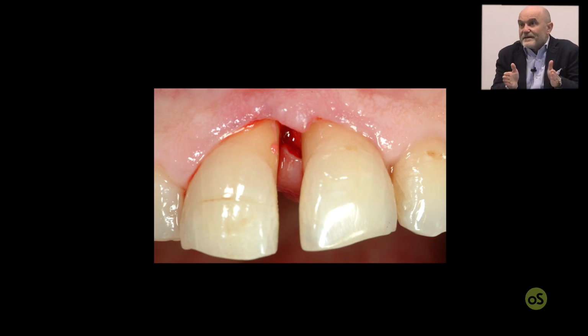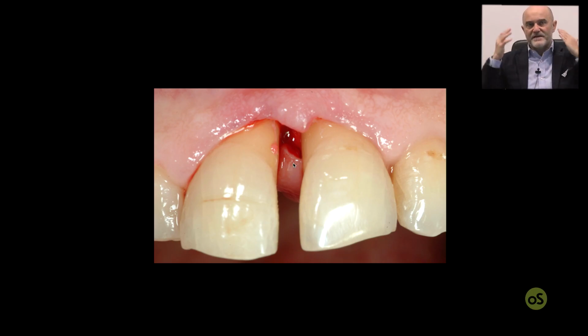If you only open this papilla and don't open the other flap, you are not able to have good control of the root planing on the supra-bony component of the defect. And so you are not as sure as you are once you open, to perform the root planing procedure, the EDTA application, and the isolation of the defect.